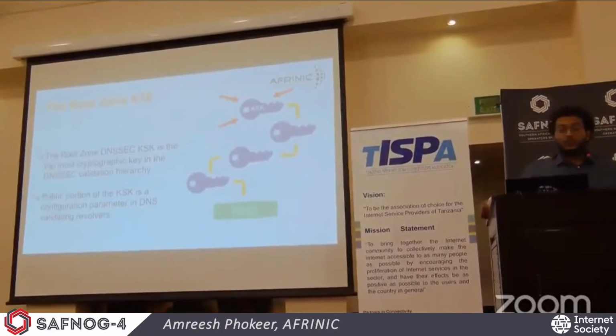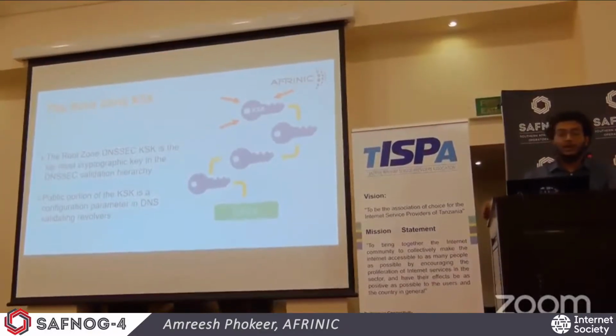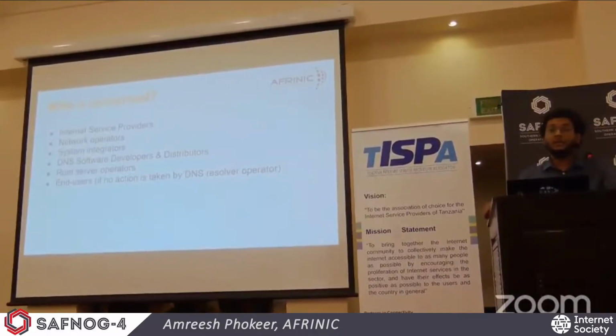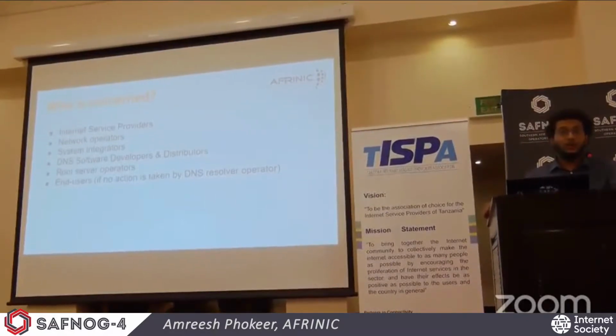The root zone DNSSEC KSK is the topmost cryptographic key in the DNSSEC validation hierarchy. The public portion of the KSK is in the configuration parameters of your DNS validating resolvers. This is where you should be concerned. You should be concerned if you're an ISP running a DNSSEC validating resolver for your customers, for example.